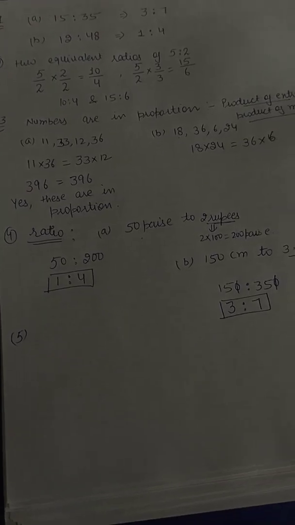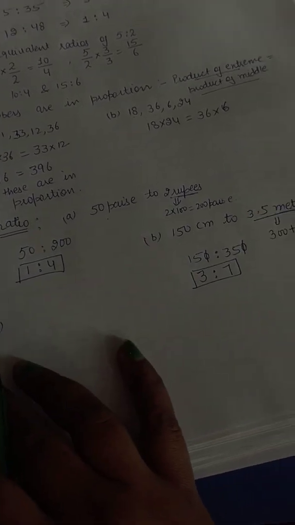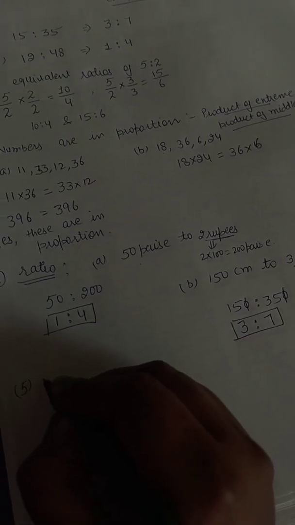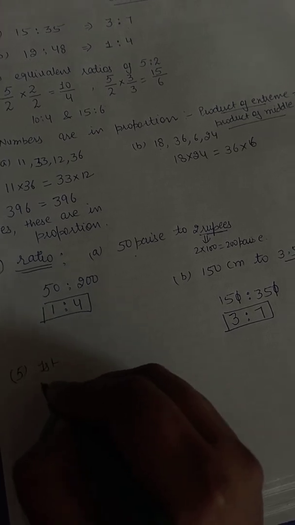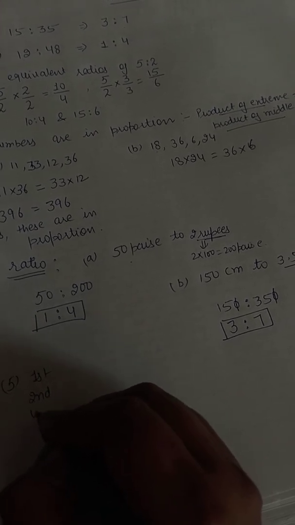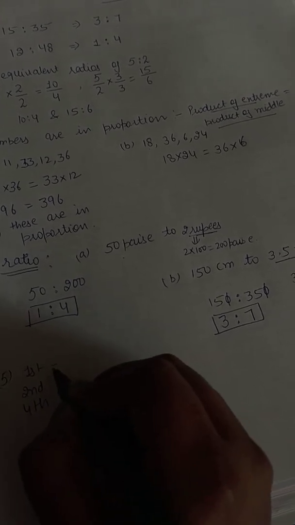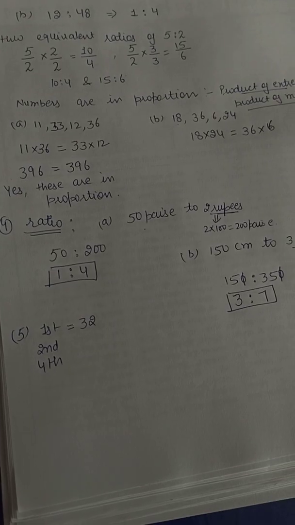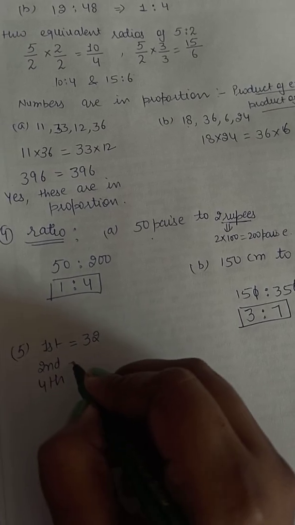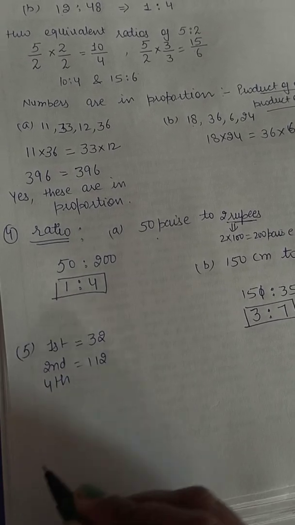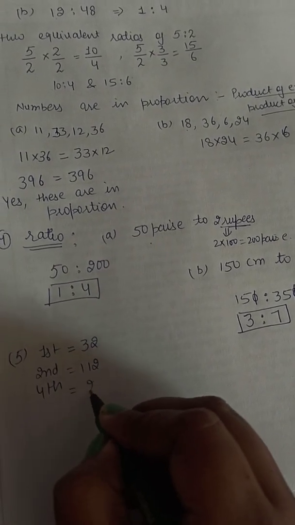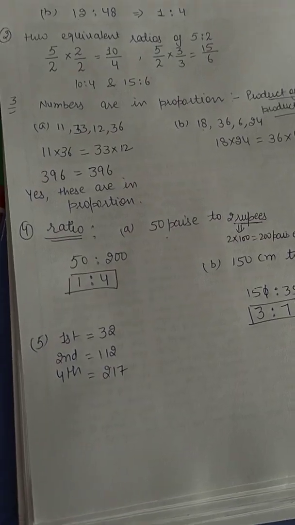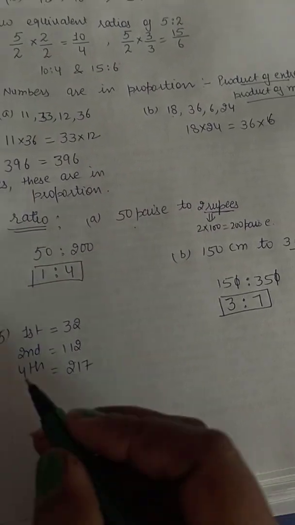Now come to question number 5. In a proportion, the first, second and fourth terms are respectively like this: first is 32, second term is 112, and the fourth one is 270. Find the third term.